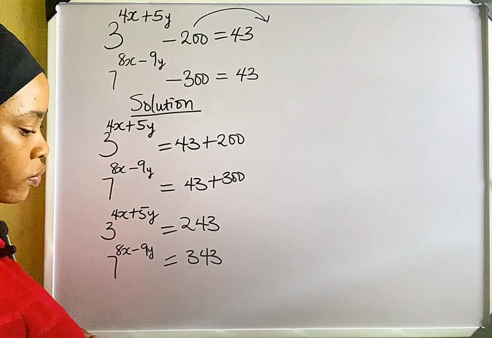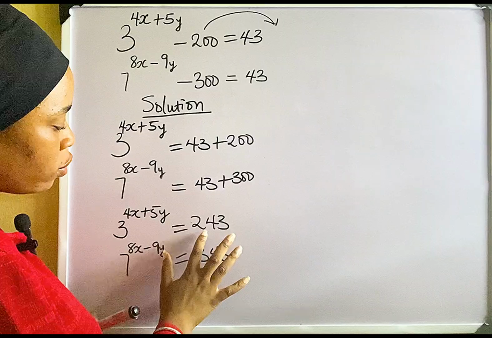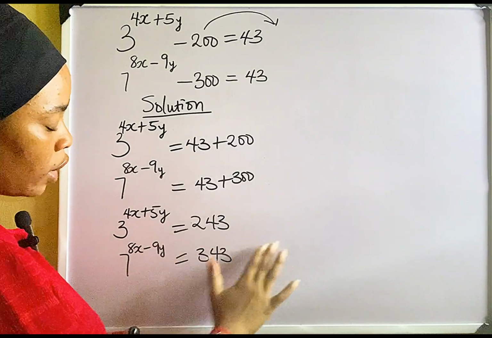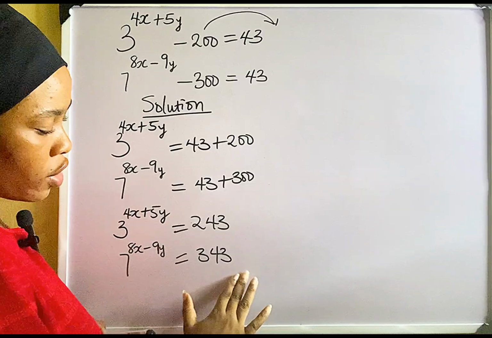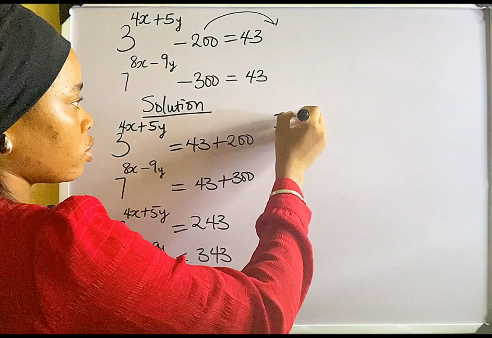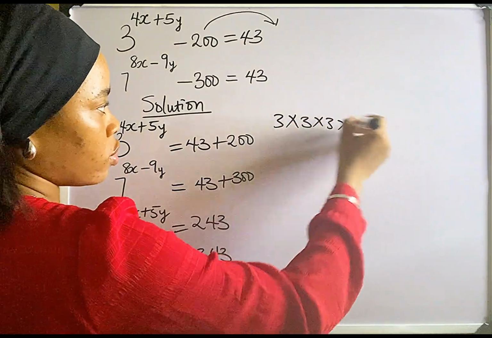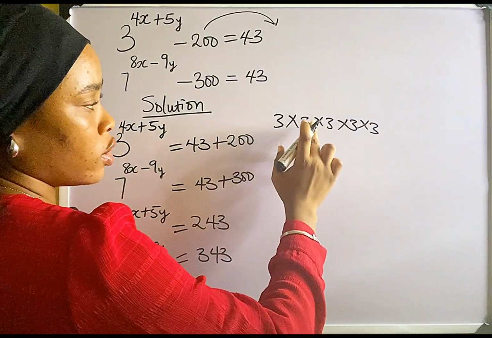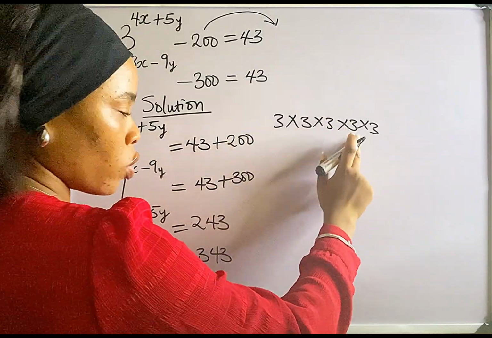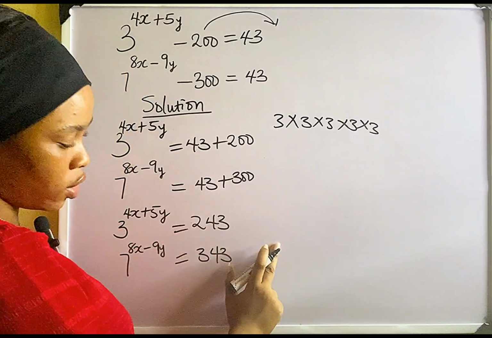343. Okay, from here we can see that 243 can be written as a power of 3, and 343 can also be written as a power of 7, because we have 3 times 3 times 3 times 3 times 3, that's 3 times 3, that's 9, 9 times 3, 27, 27 times 3, 81, 81 times 3 gives us 243.